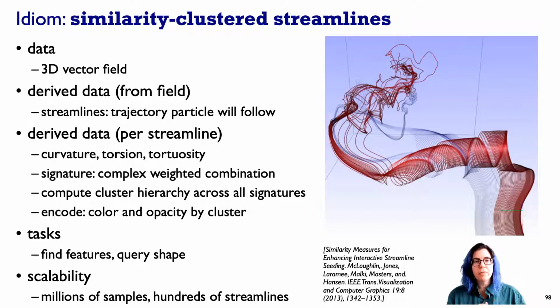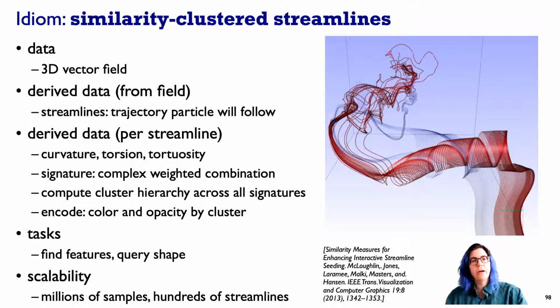Then there's another level of deriving data. For each streamline, they try to measure its squiggliness: its curvature, torsion, tortuosity. These are all different ways of trying to compute its path through space, combining those together into a weighted function, which they call the signature, and then hierarchically clustering all these signatures to find the squiggles that are very similar and have those be in one group.